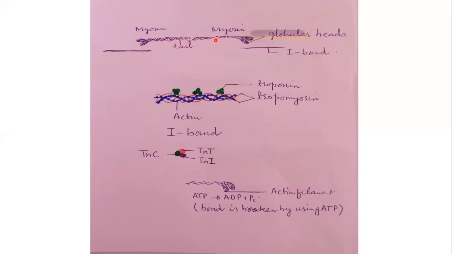Their tails are directed towards each other, while their head regions are in the opposite direction. These heads bind with the actin filament or I band, and they cause this actin filament to move to the center of the A band. As a result, muscle cells become what? Shorter and thicker.